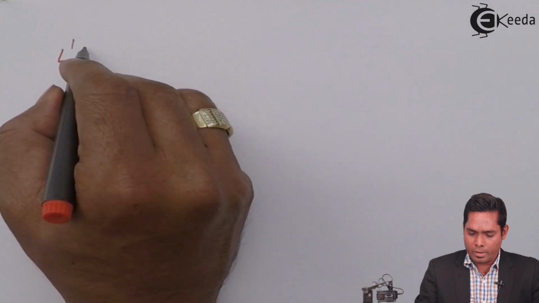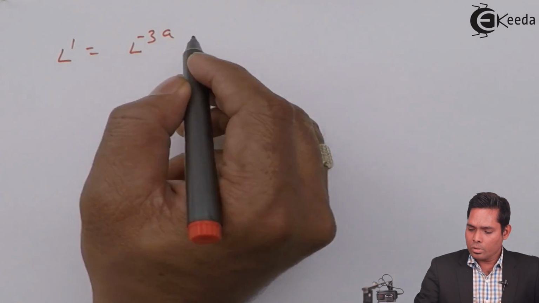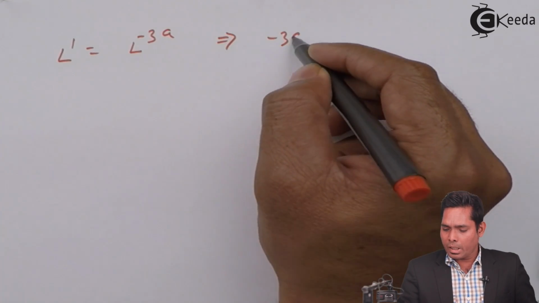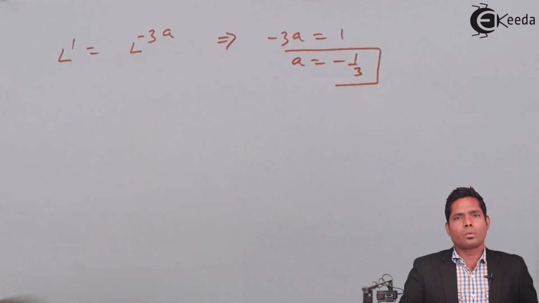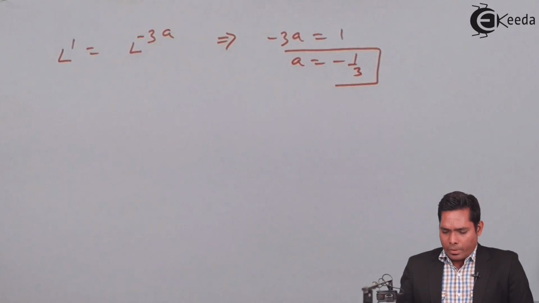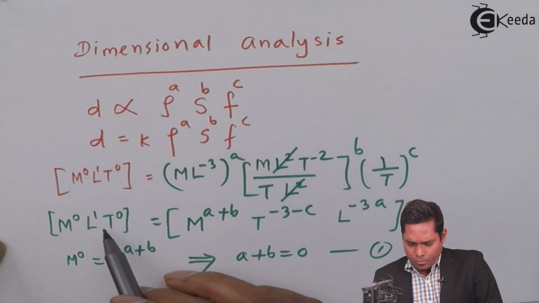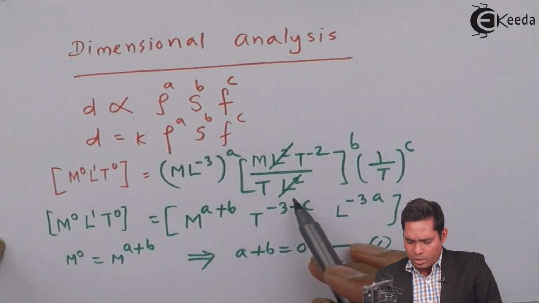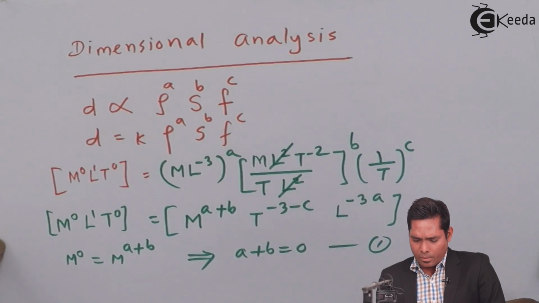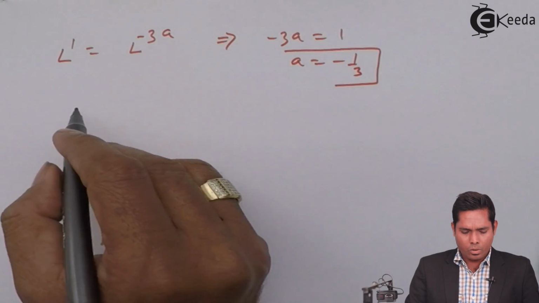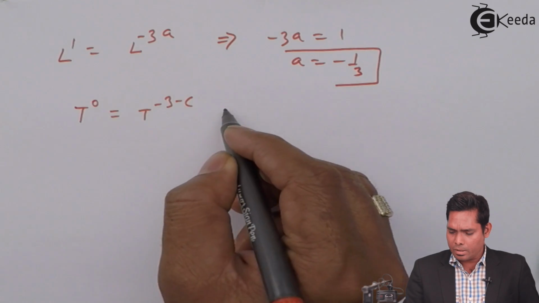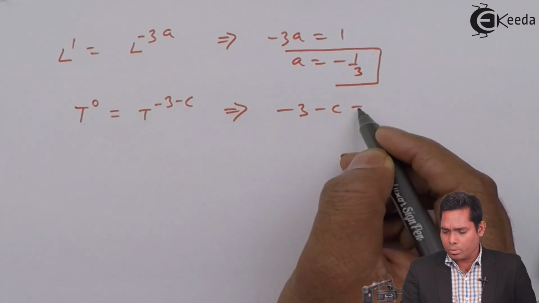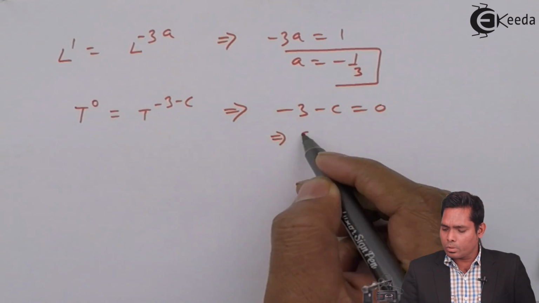From here, minus 3a equals 1, or a equals minus 1/3. Next, we have T raised to 0 equal to T raised to minus 3 minus c. This implies minus 3 minus c equals 0, so c equals minus 3.